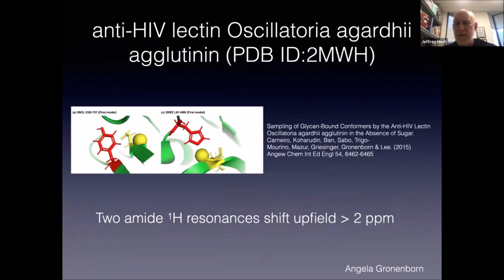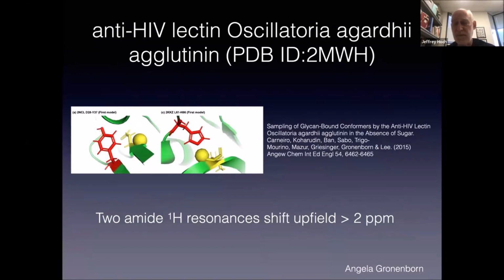Well, Angela Gronenborn came to us with an interesting question a couple of years ago, and said she had this anti-HIV lectin that you've heard her talk about many times, had two amide NH proton resonances that were shifted upfield by rather extreme amounts, and she asked, could these be explained by ring current shifts?